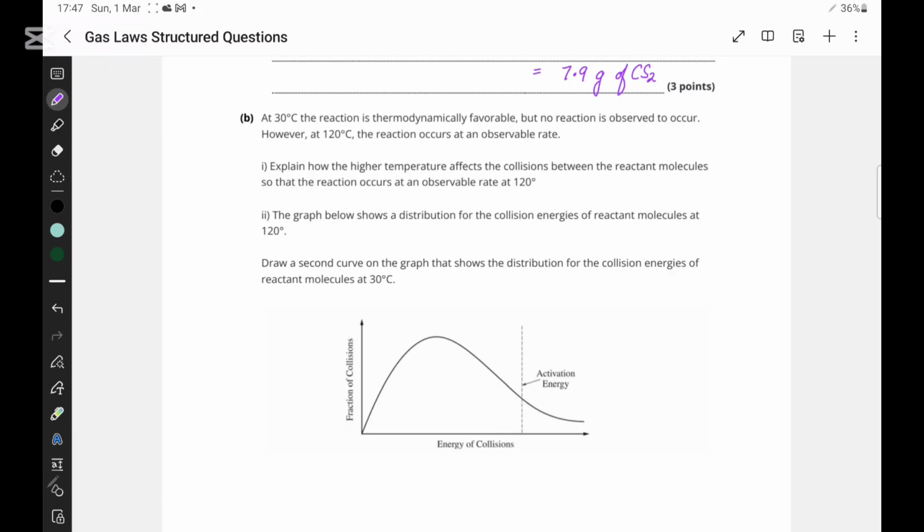So, in order to answer this question, what happens at high temperature?